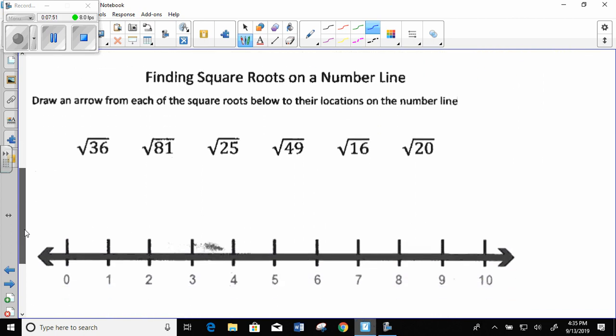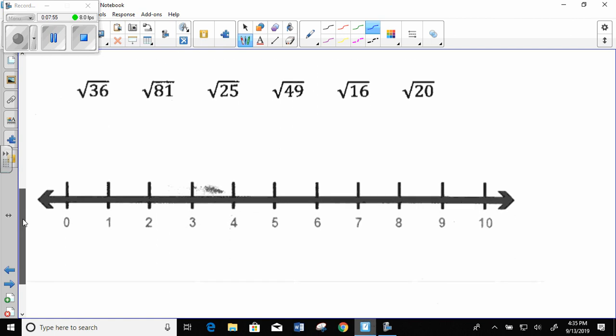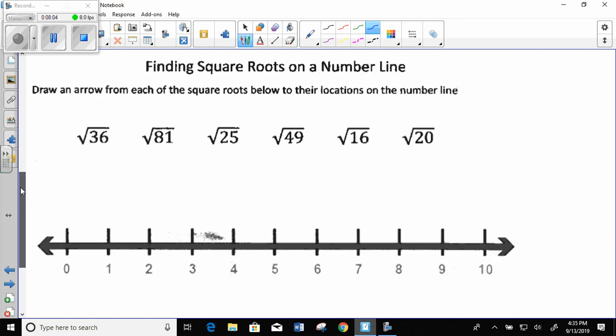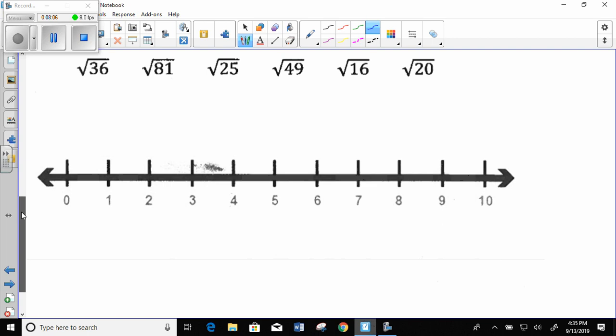So instead of drawing an arrow from each of the square roots below, I want you to actually put them on the number line, and I'll show you what I mean by that. We know that the square root of, let's look at the first one, the first one is square root of 36. The square root of 36 is 6, correct? So what we would do is we would put the square root of 36 right above it because it is equal to 6.